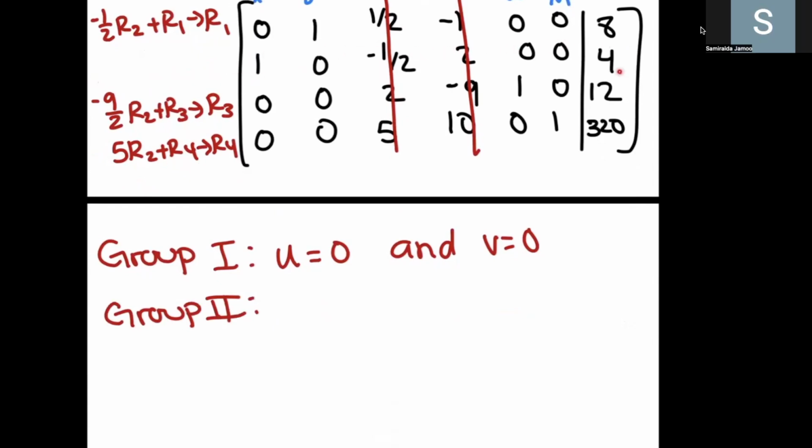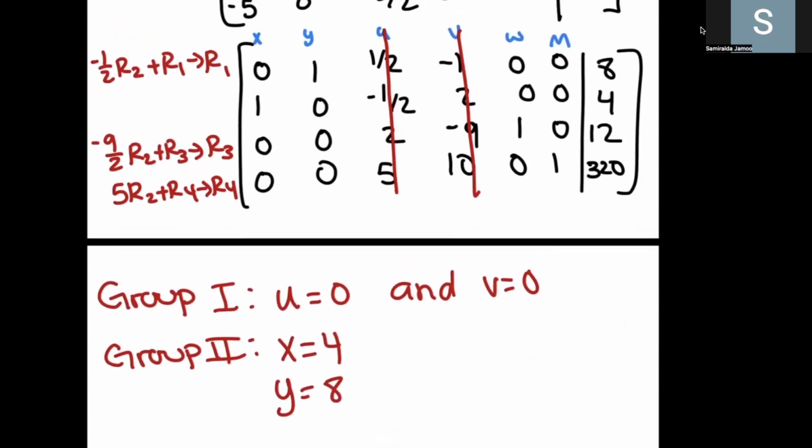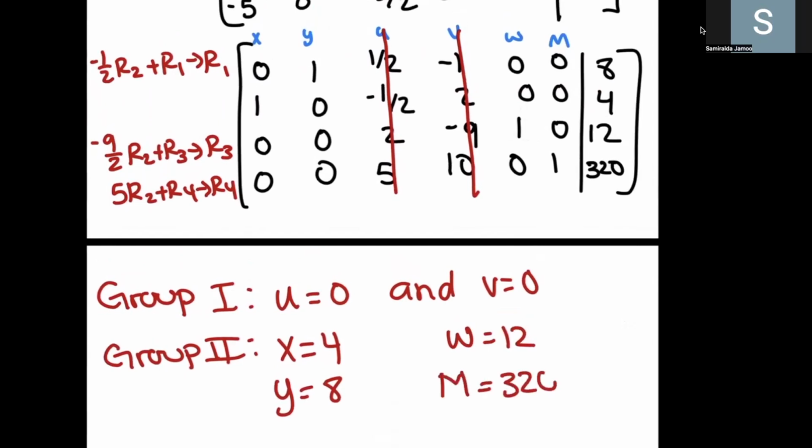X is 4. Y is 8. W is a slack variable that I introduced. I don't really care about it, but I'll write it down. And our maximum M is 320.